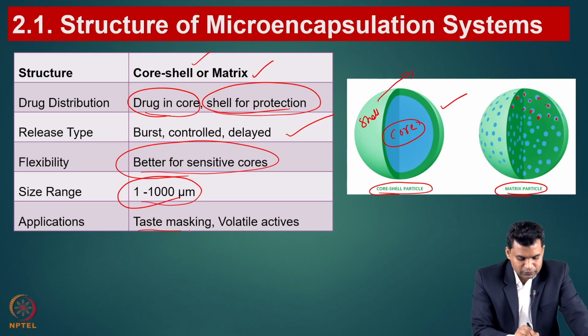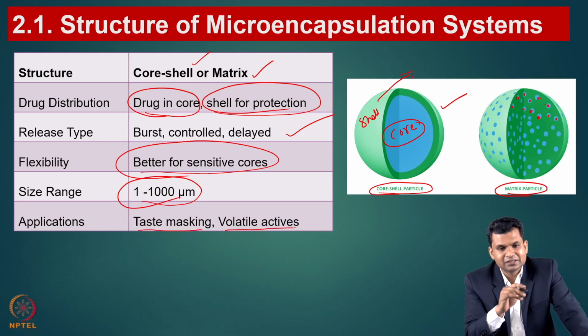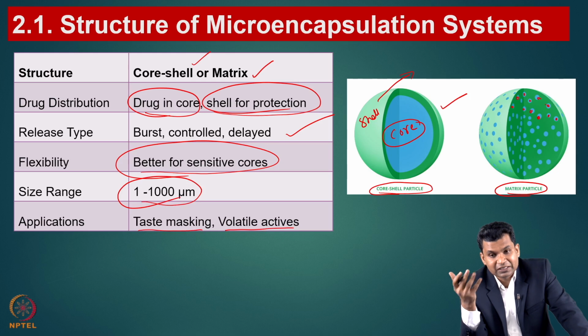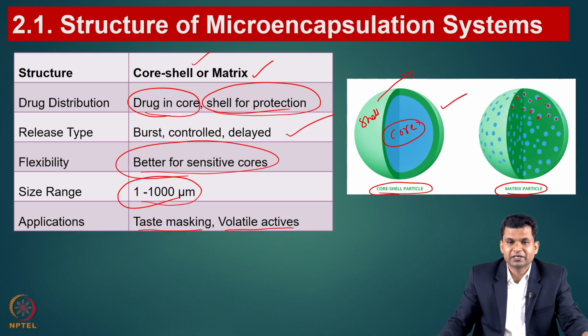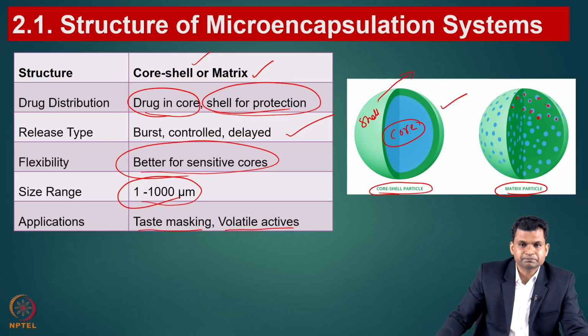Here we can use it for taste masking, volatile drugs, and liquids can also be converted into solid dosage forms. So, these are the structures of microencapsulation systems.